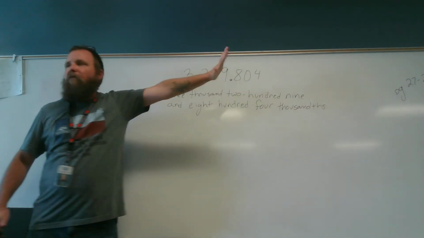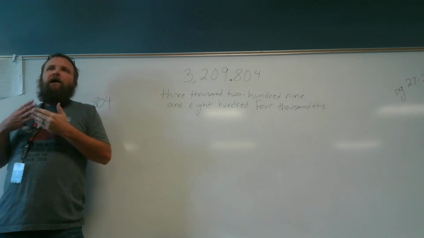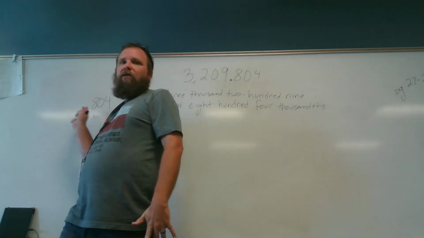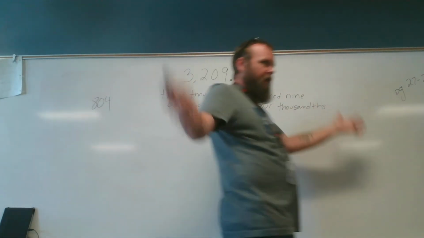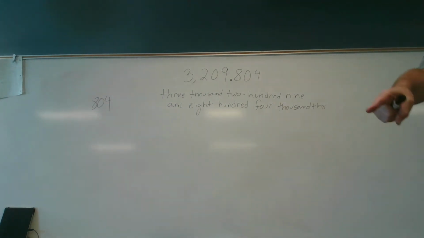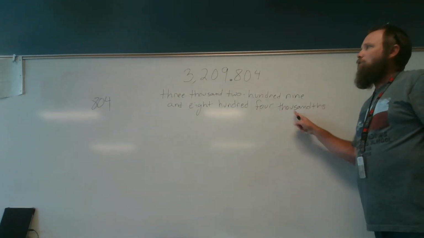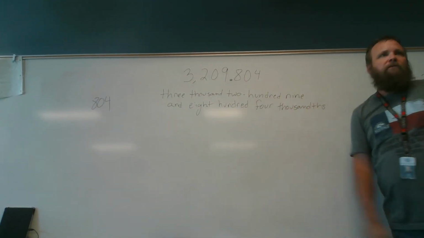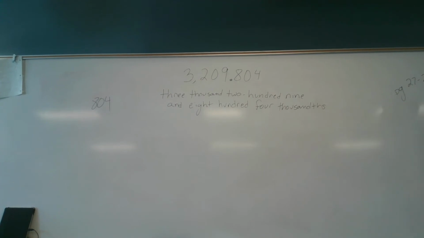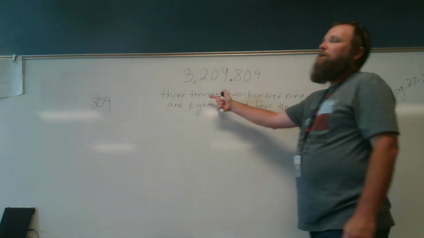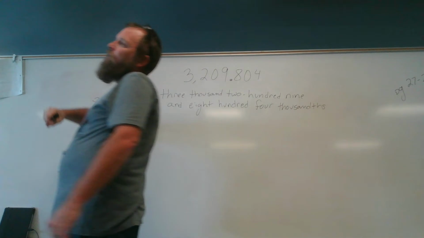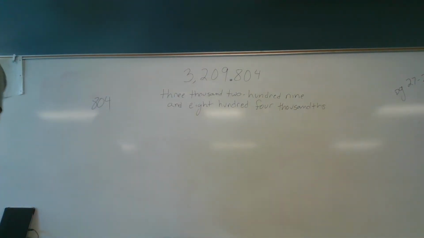Just ignore everything from the decimal point forward and read it like it's written down without anything else. Then last, but certainly not least, you write down the place value of the last digit. It's going to be the same thing, transferring it from words back to standard form.